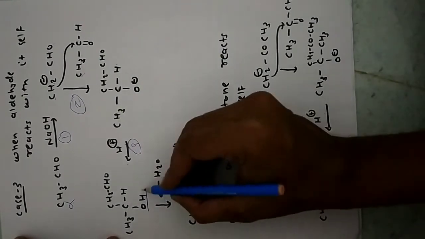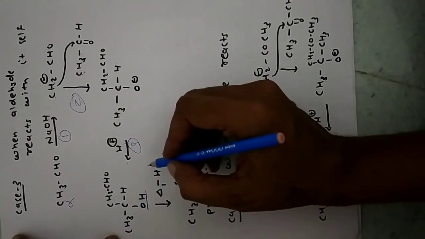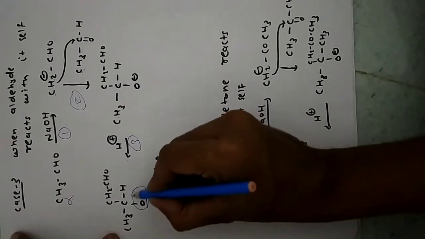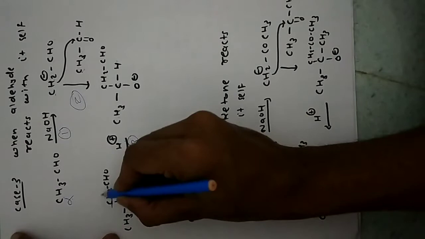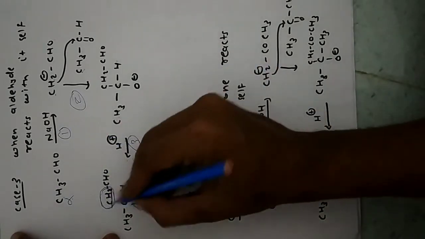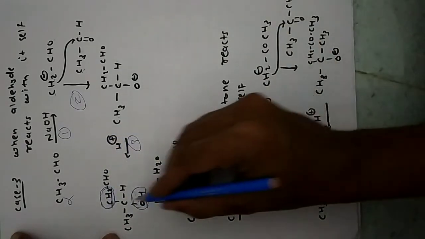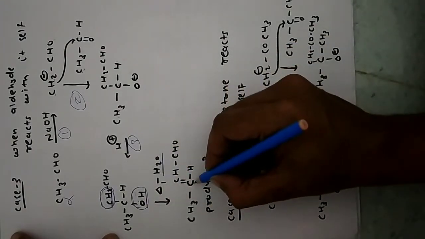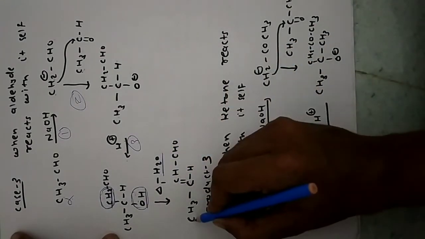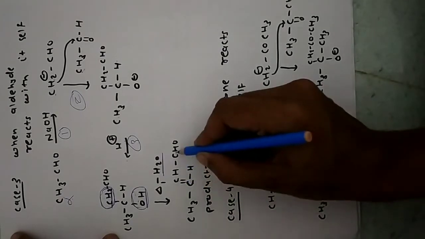Now next step, removal of water molecule, OH from this carbon and hydrogen from adjacent inner carbon, this one. So they both will remove here. So H2O removes, making double bond here, CH3C double bond CH-CHO.